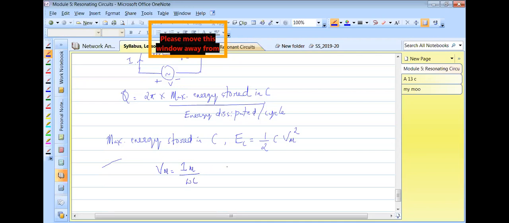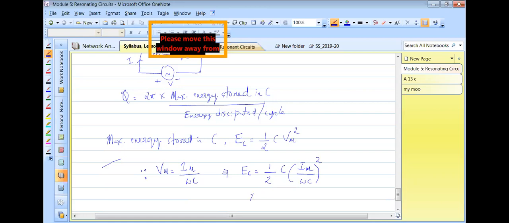Since Vm is Im by omega C, Im is the maximum current and 1 by omega C is the reactance that the capacitor is offering. So it's given by half C into Im by omega C whole square.